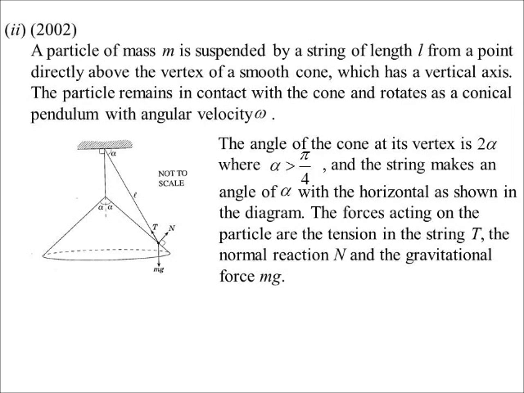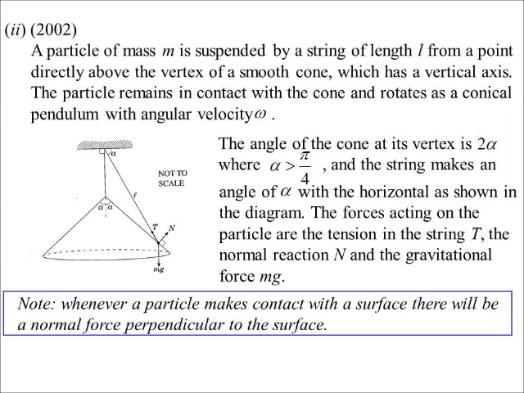Force is acting on the particle. Of course, they remind us that, yes, there'll be tension up the string. The other thing is this normal force. Whenever you make contact with a surface, there's what's called a normal force, or a reaction force, sometimes you see it called. It's the reason why I can stand here and not collapse, because gravity is acting on me at the moment.